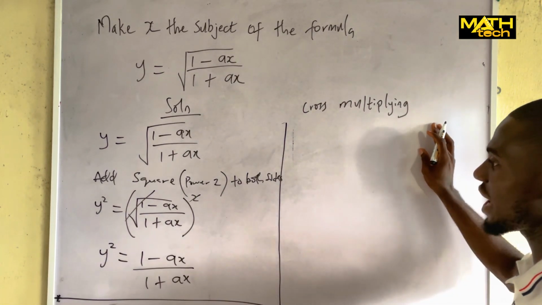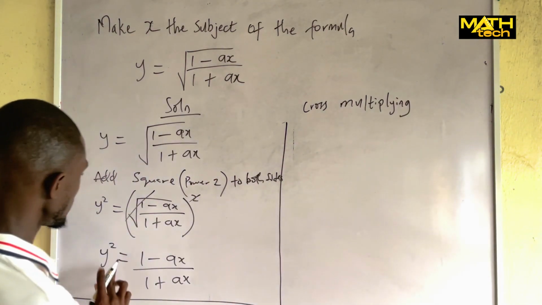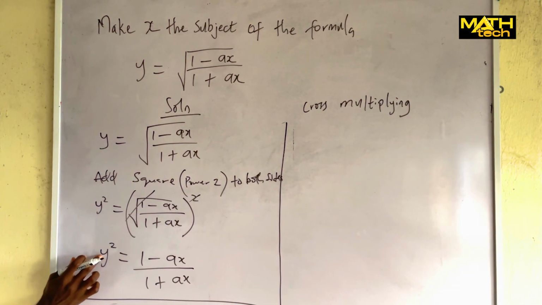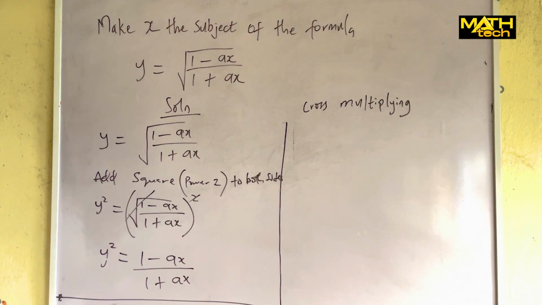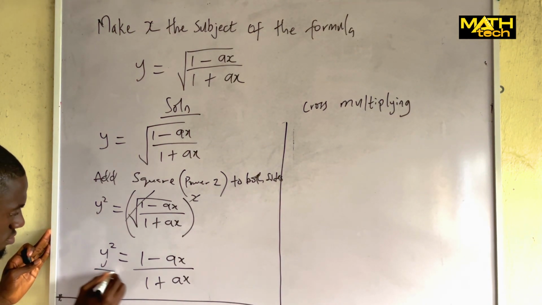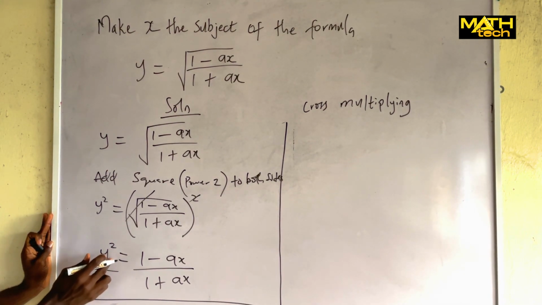When we cross multiply, this multiplies the denominator. Why? Don't forget, in our video about numbers, we said that all integers are rational numbers. Now there is an invisible one here, and this multiplies this and this multiplies this.